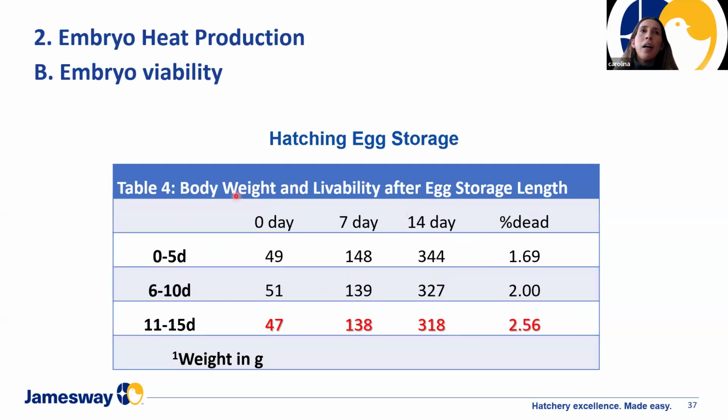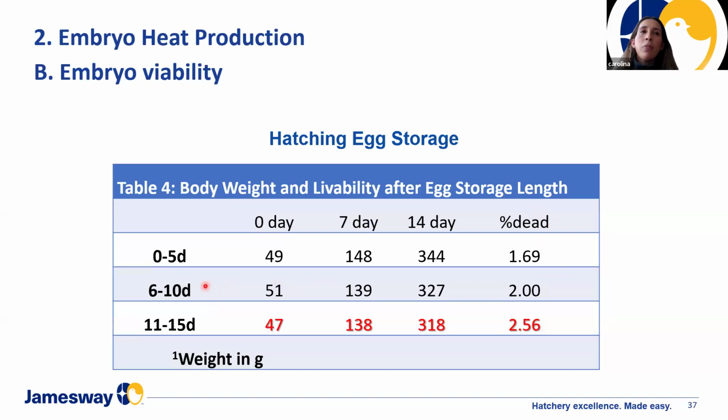Here we have another table that shows a study about body weight and livability after the egg storage length. So again, with the same periods of egg storage, how mortality can be impacted in the farm.